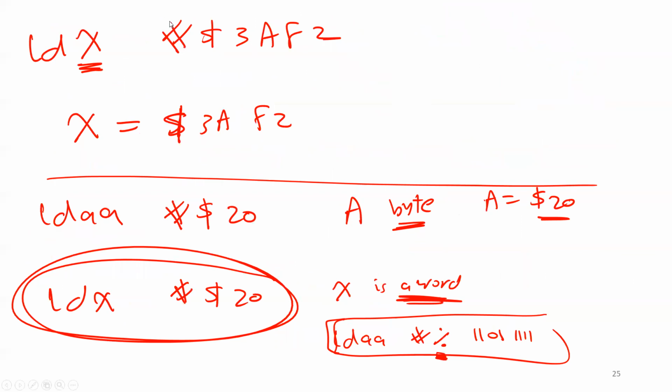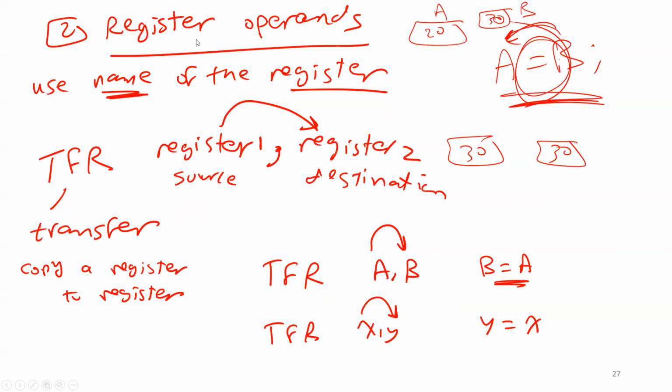Number two, if your operand is a register, you write the name of the register, something like A comma B, X comma Y, B comma A. If you mean it is a register, we just use the name of the register. Is that okay?